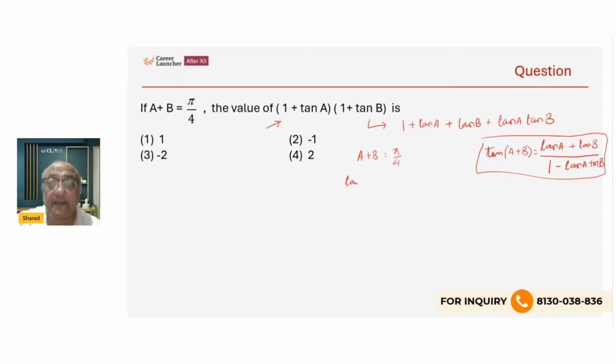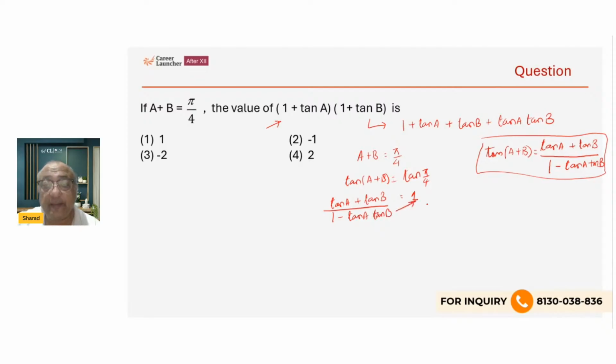Now let's make this tan A plus B the left hand side. So automatically this will be tan pi by 4. Tan pi by 4, that is tan 45, is how much? 1. Okay, let's solve this part. Tan A plus tan B upon 1 minus tan A tan B. Wow, this is cool.